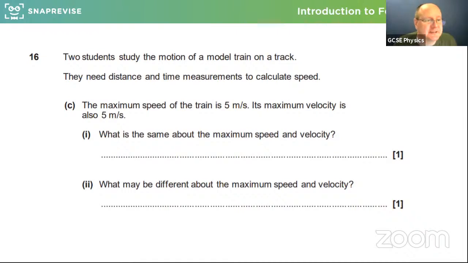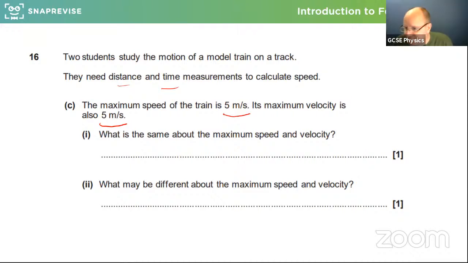We've got 2 students studying the motion of a model train on a track, and they need to make distance and time measurements. To calculate the speed. Its speed is 5 and its maximum velocity is 5 meters per second. What's the same about both of those quantities? What would you describe as being the same about those 2 quantities?